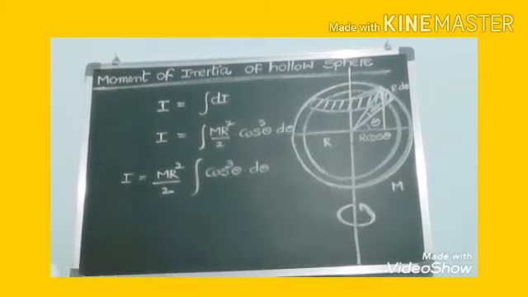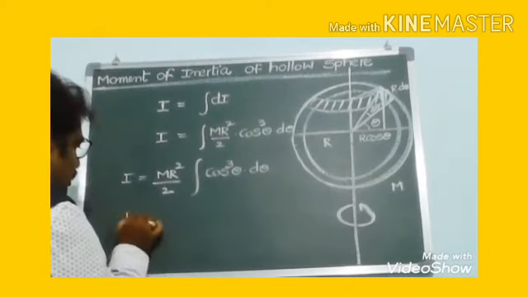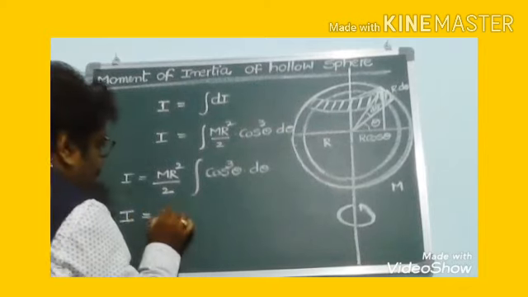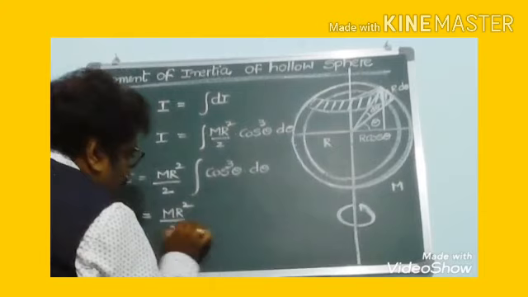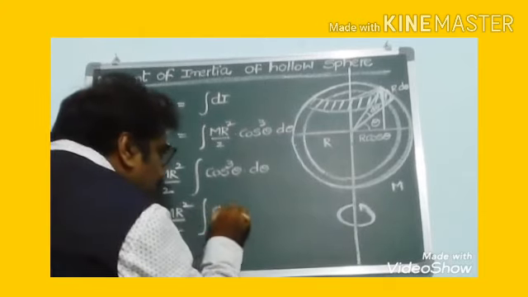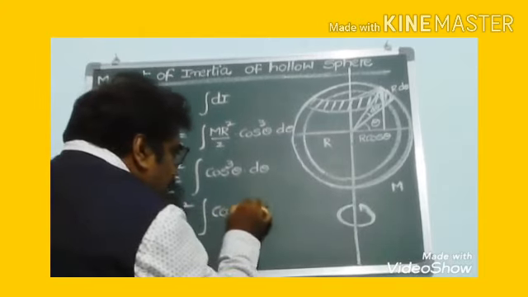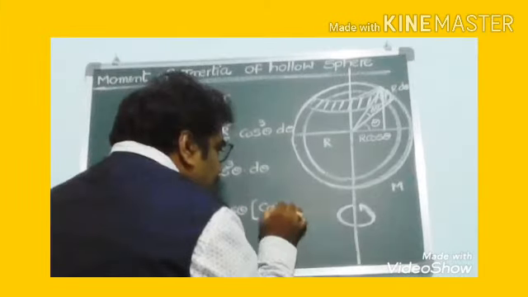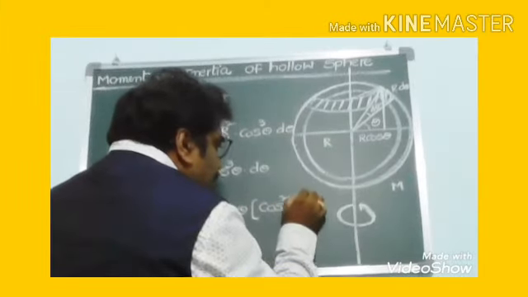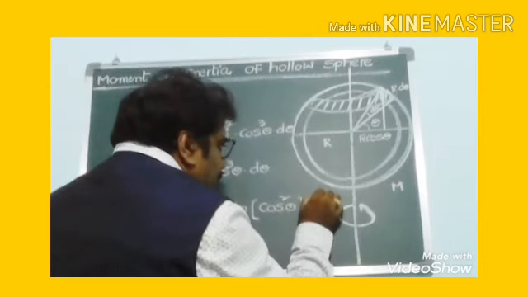This can be written as, you know mathematics very well, mr square by 2 cos theta into cos square theta into d theta.